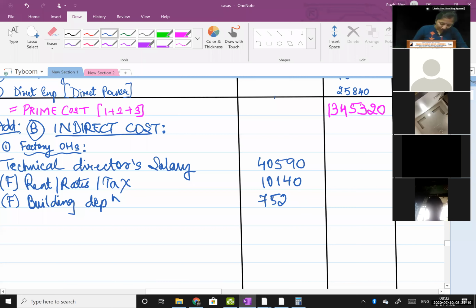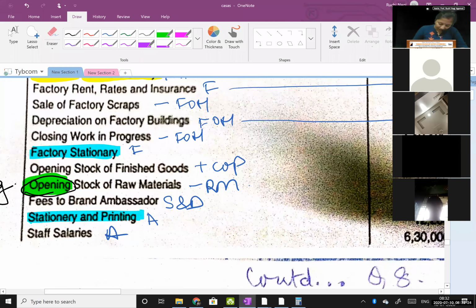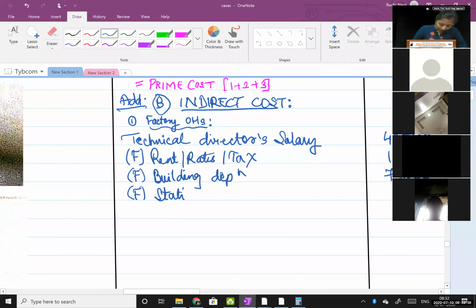Next, closing stock. Last one, we will take factory stationery, 12,340. Factory stationery, 12,340.